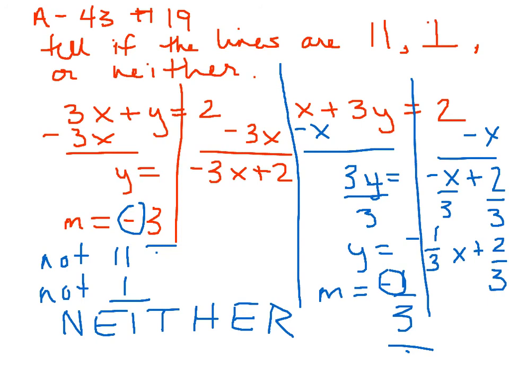We are done. So we were at y minus 5 is equal to 1/5 times x plus 5 is where we left off.